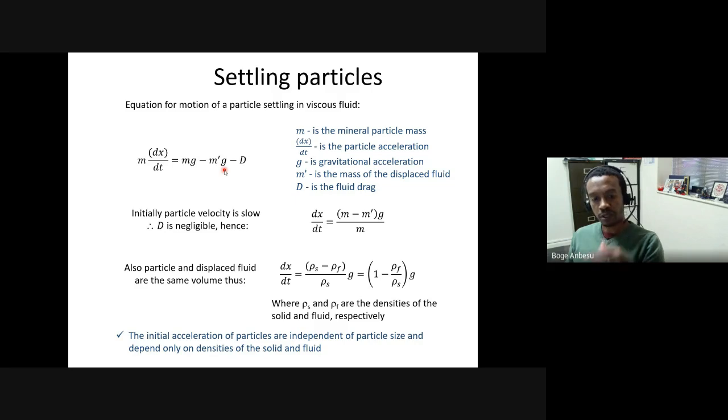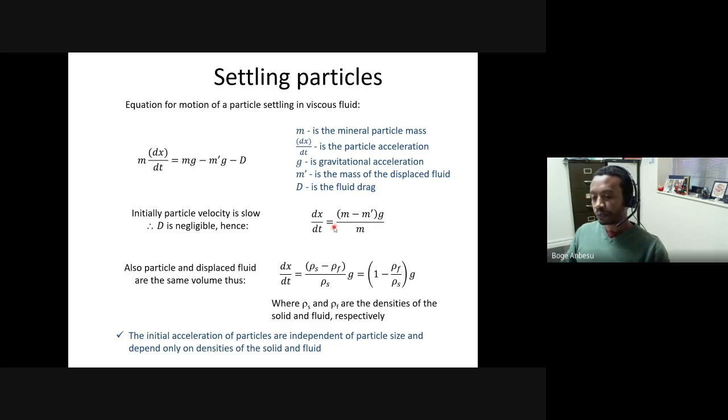So as particles fall in a fluid, obviously they have to displace some of the fluid. So the same volume of fluid will be displaced as particles fall, and it is also dependent on the drag of the fluid as well. But initially, if particles are not moving or they're moving very slowly, there should be very little drag force. So you could maybe ignore the effect of drag force initially at very low velocities. Okay, so in that case, that equation can simplify into something like this.